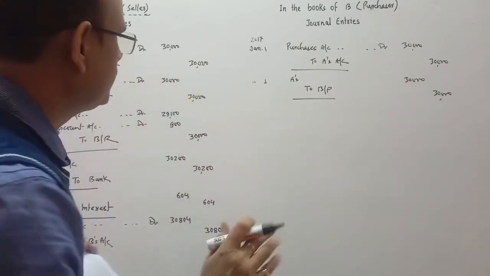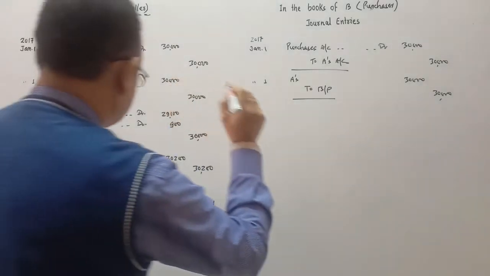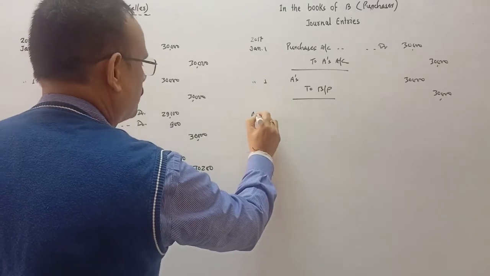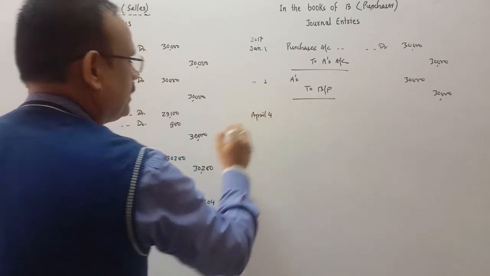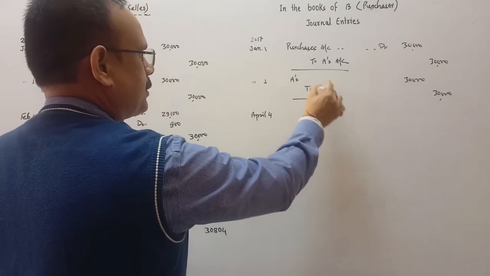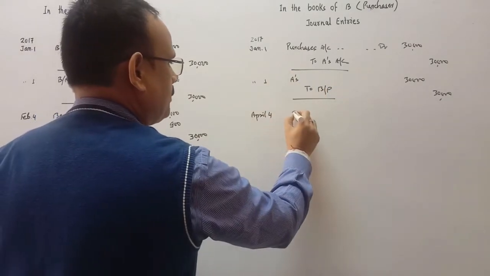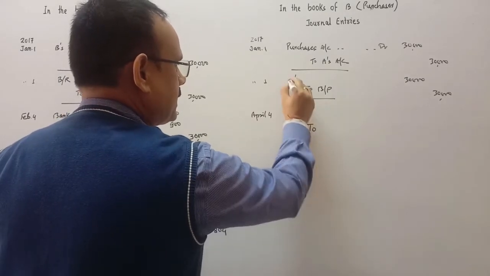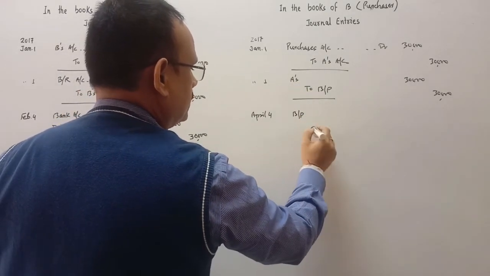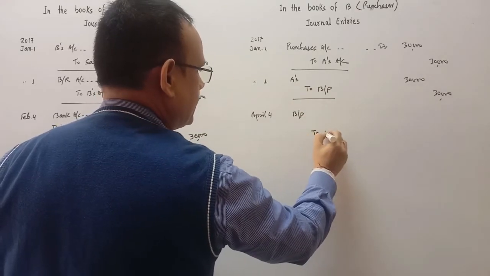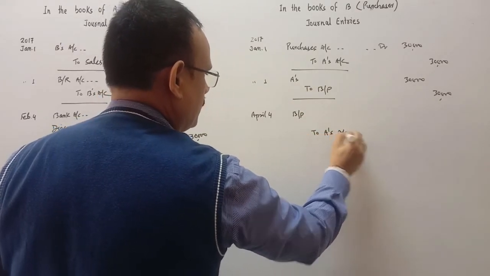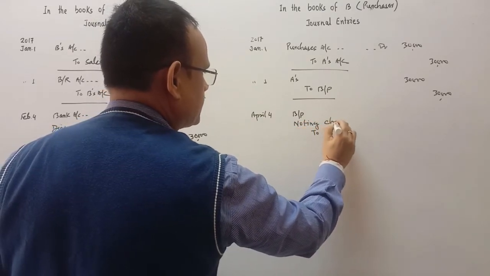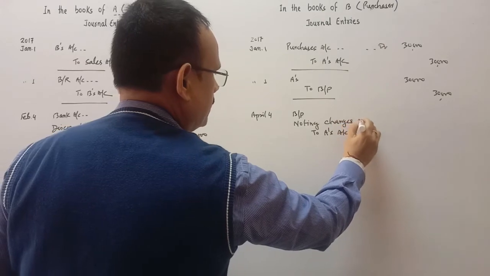So the next entry will be dishonor of the bill. He is going to dishonor the bill on April 4, on the due date. When he dishonors the bill, he will cancel this entry. So bills payable will be debited, which was credited previously, and A's account, which was debited, will be credited by him. And noting charges are an expense for him, so he will write noting charges account debit.